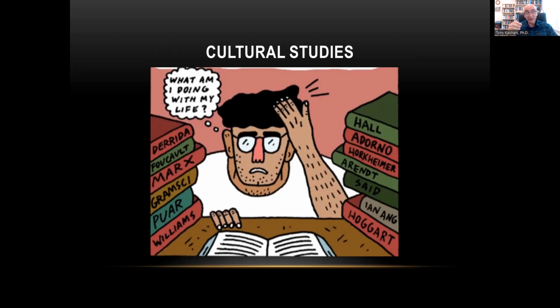Representation is another area we must pay attention to. Examining how groups and individuals are represented in media, literature, art, and other cultural forms is a central concern of cultural studies. Scholars critically analyze how certain groups are marginalized or stereotyped in cultural representations.